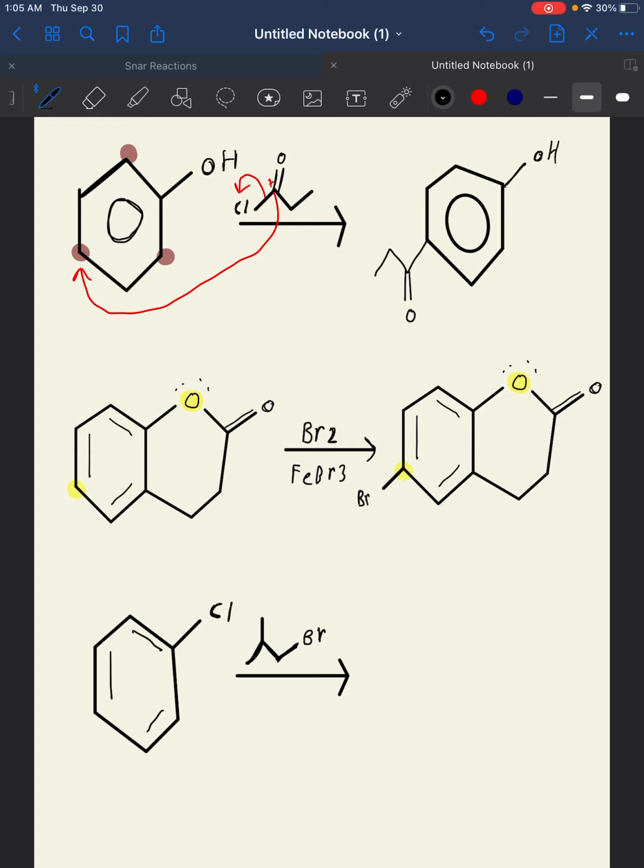The next one, let's look at this. What happens here? What's significant about this? When this leaves, it forms a carbocation that is primary. Now, a rearrangement can occur via a hydride shift. So when this hydrogen shifts over, it will make a more stable carbocation at the tertiary position, which is right here. Now let's analyze our benzene ring.